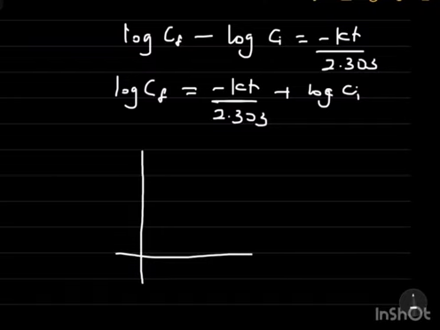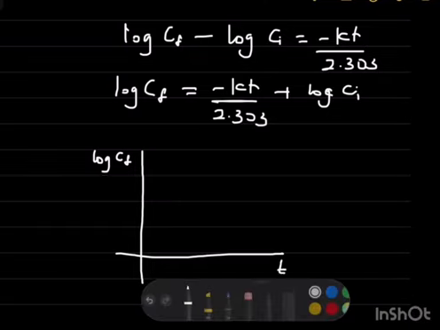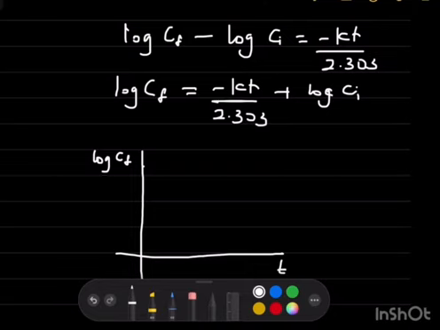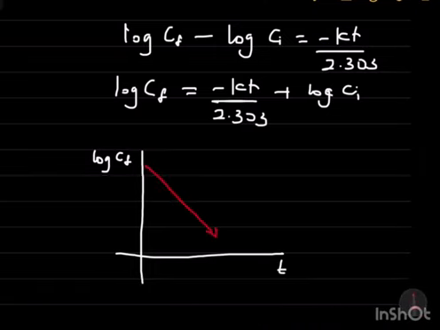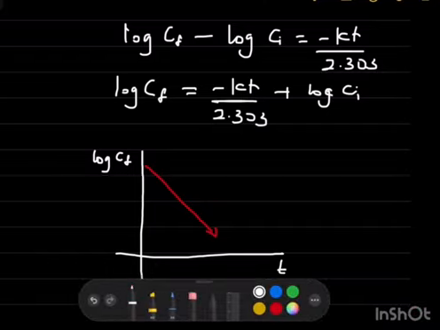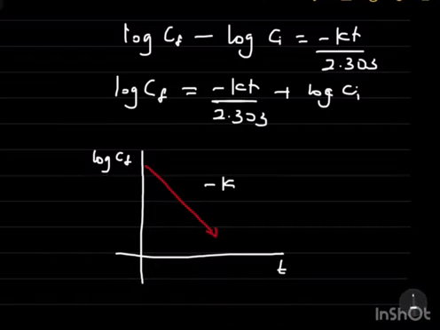The y-axis is log C final, the x-axis is t, then the slope will be minus k over 2.303, and here still represents log C initial, that's the intercept.